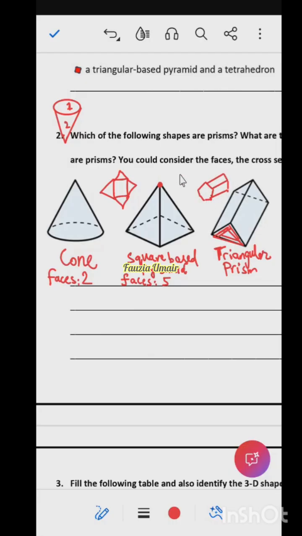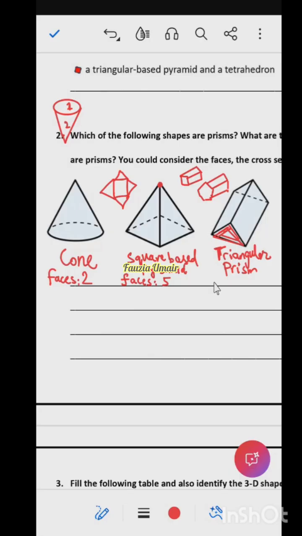If there is a square here, we can also call it a cuboid, but it is basically a square based prism. So the name of a prism is given by the top and the bottom. These are all prisms, but why is this a triangular prism? Because there is a triangle on the top. Are you getting this point?